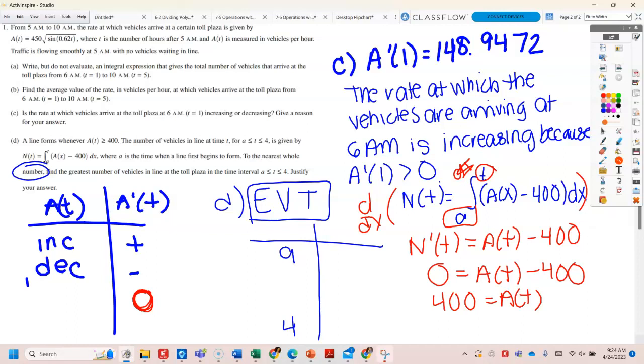So what I do is I change my window. So I make my x's 0 to 5, and I made my y's negative 390, positive 390 to 410, so that I really only had to graph that 400 line and then what was happening around it. So you would do your second trace intersect.